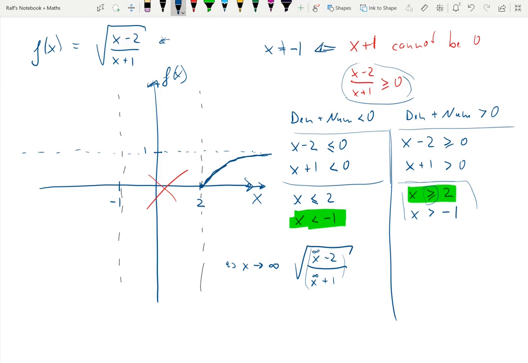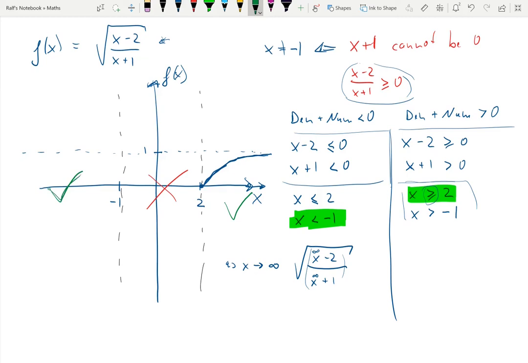So we've now seen there is a part of our domain here. In the middle, it's not part of our domain. And here, for values smaller than -1, this is again part of the domain of the function. So now we need to figure out how the function behaves here.